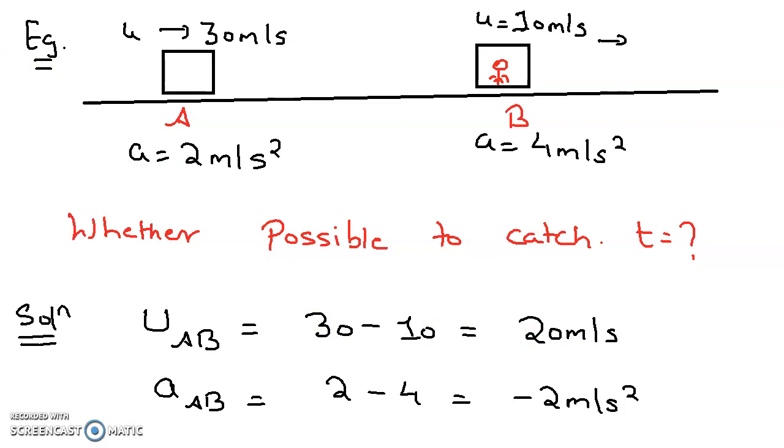Now, how does this situation look? For B, it would look like A is having a velocity in this direction.